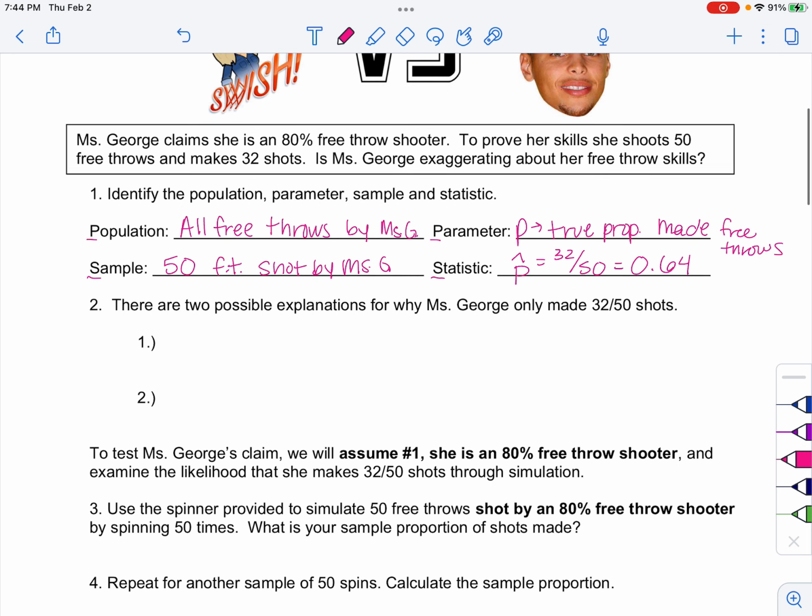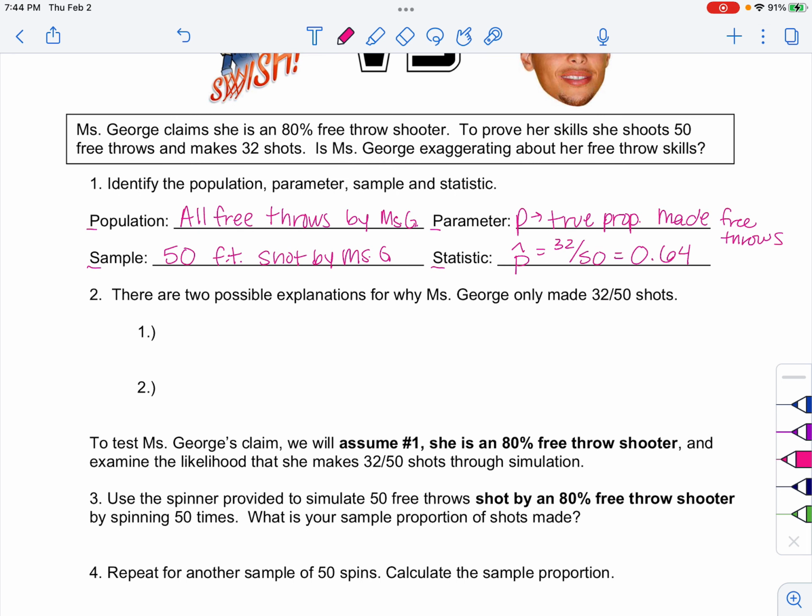All right, now there's 2 possible explanations for why I only made 32 out of 50 shots. And this is just 2 things that could be true. The first thing that could be true is that I am an 80% free throw shooter, but had a bad day.